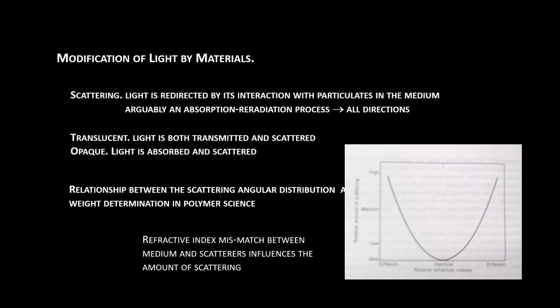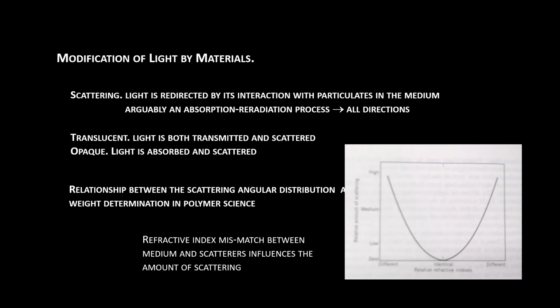Relationship-wise, if the refractive index of the particles differs from the medium in which it is suspended, the effect is more pronounced. So this is something that occurs when you try to make a mull in IR spectroscopy. You want to match the particles' refractive index with the medium in which you're going to suspend them.